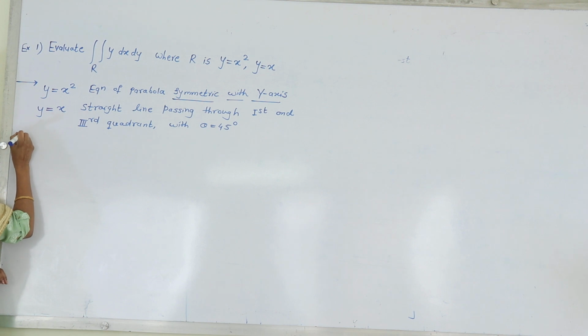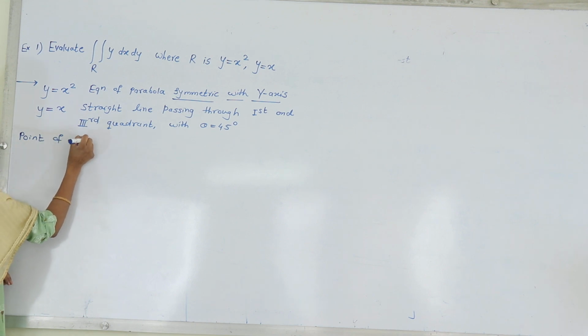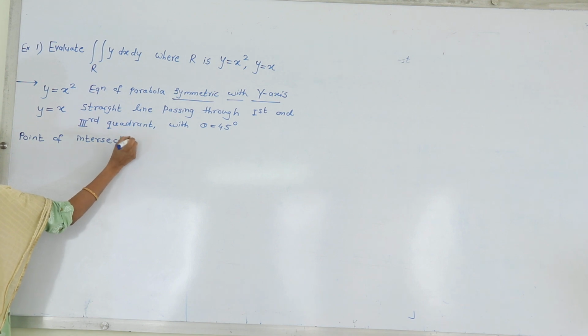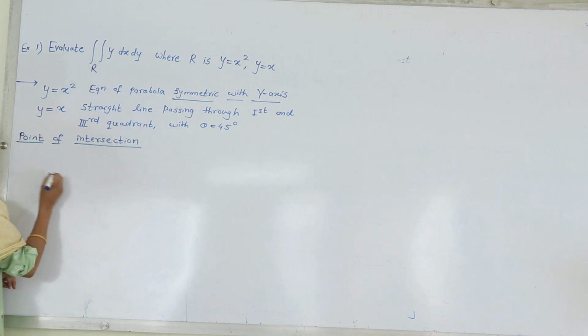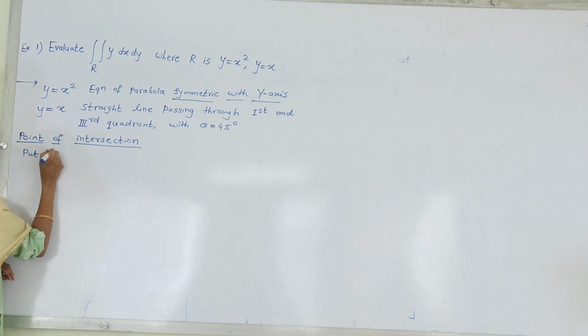Now we have to find the point of intersection. Without points we cannot draw the figure. Now take any one easy equation. Suppose we take first y is equal to x.